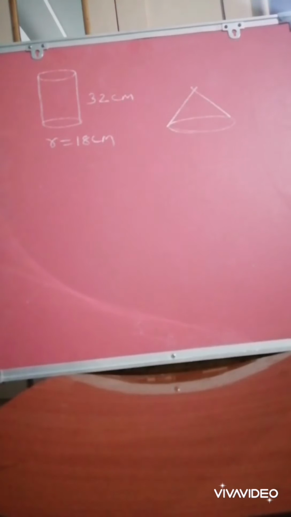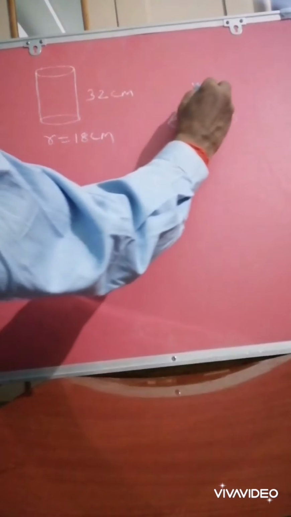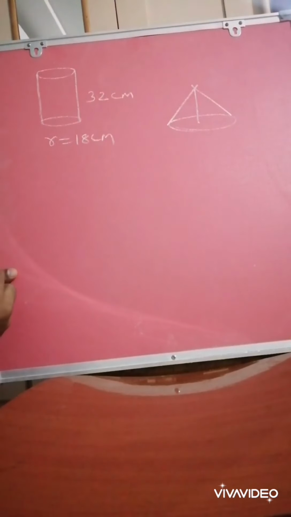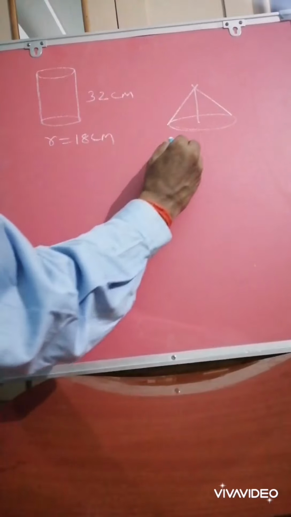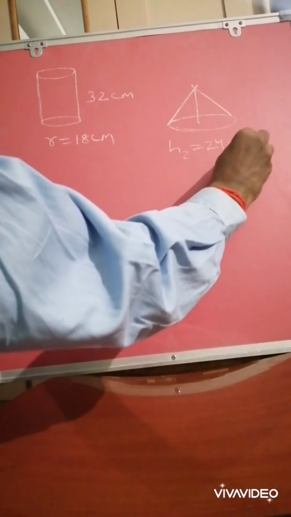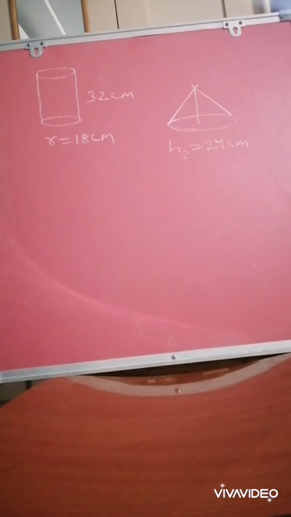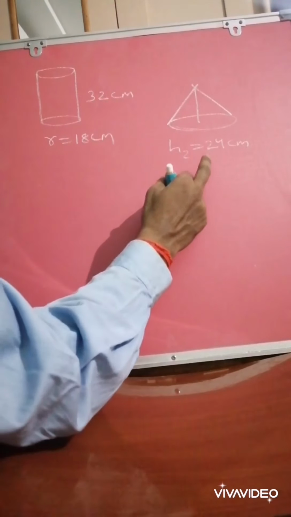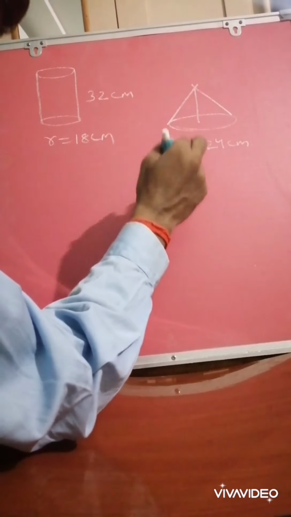If the height of the conical heap is 24 cm, then the question is to find the radius of the heap as well as the slant height. Radius and slant height of the conical heap we have to find.